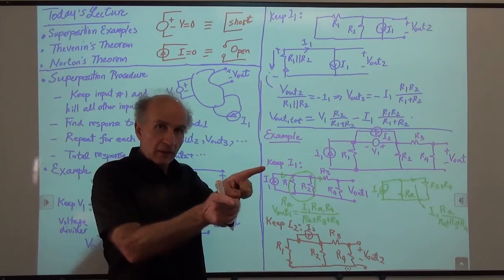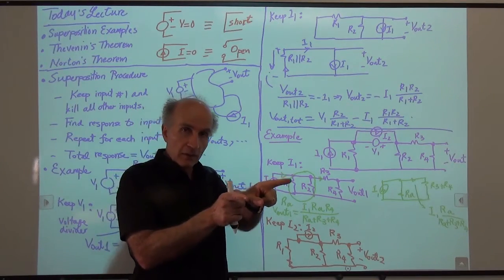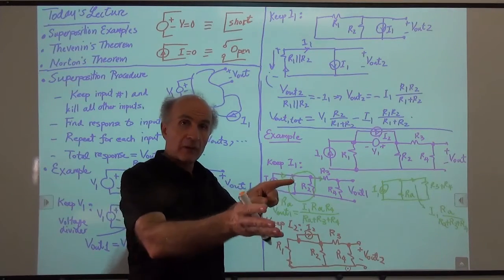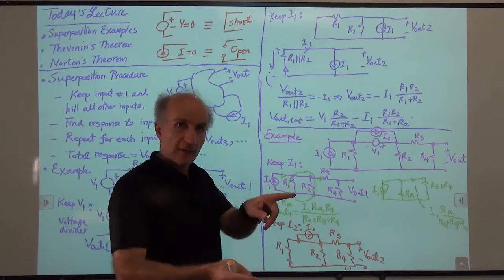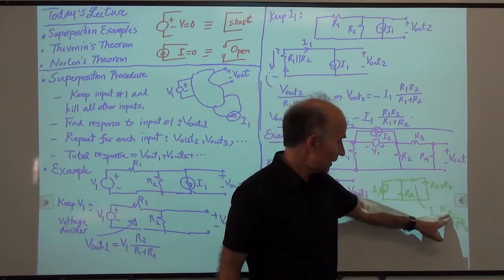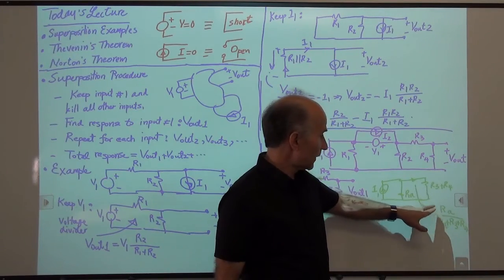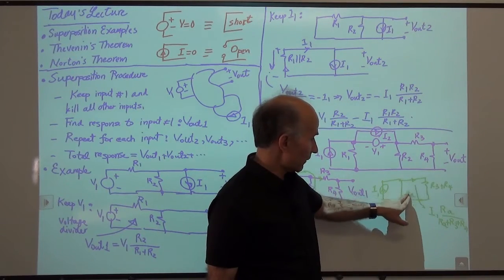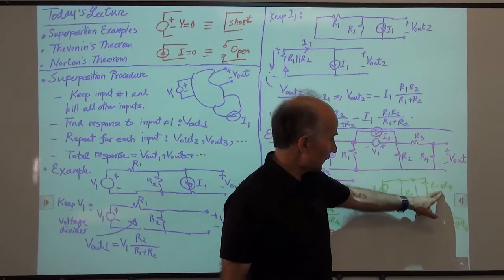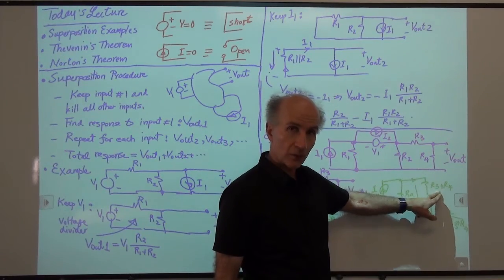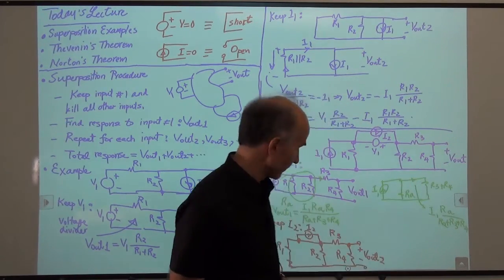You have a current divider. The branch that carries most of the current is the one that has the least resistance. You can see that here, right? So if RA goes down, the current through the other one goes down. So the current through this one increases.